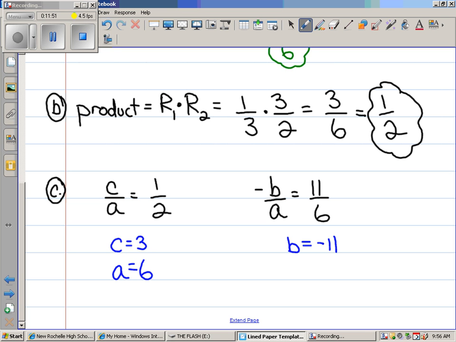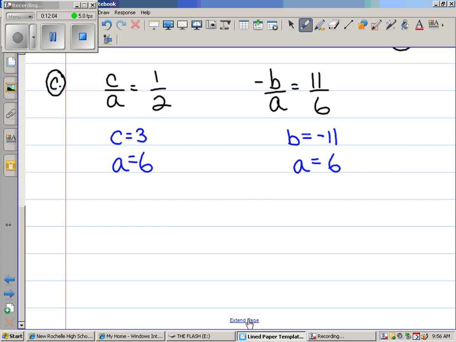That'll work. 3 over 6 is a half. And over here, we've got A also equal to 6. Yeah, negative B is 11, and A is 6. Nice. So here we go, right? All we're going to do is fill it in. You're going to get 6x squared minus 11x plus 3 equals 0, and that's our final answer.